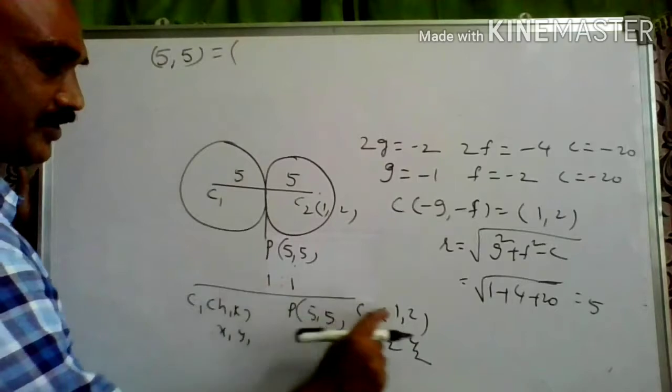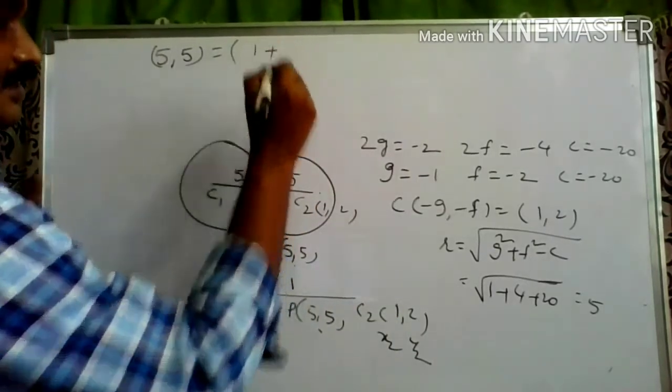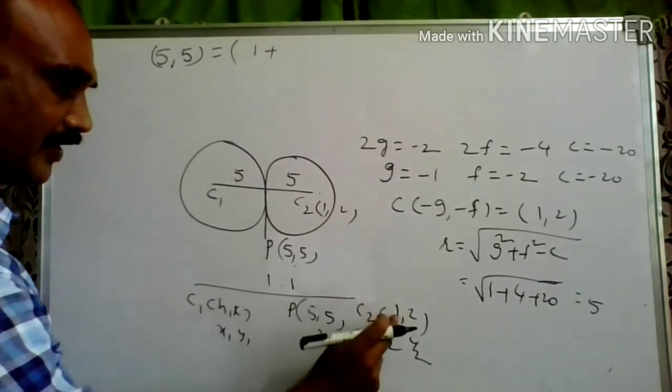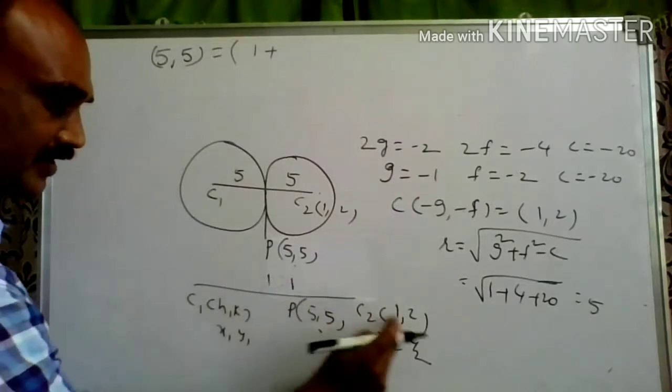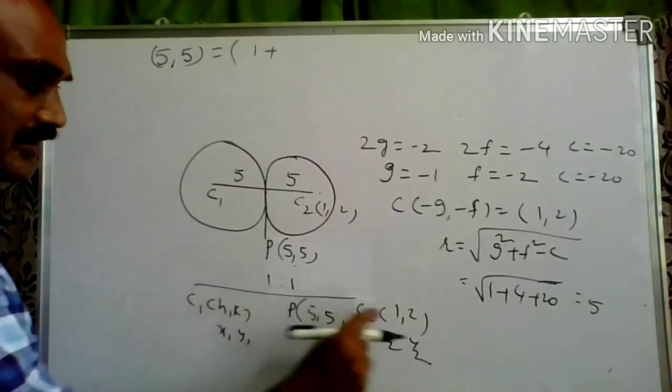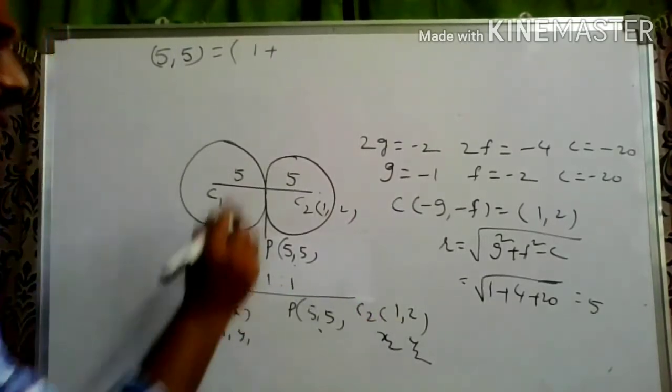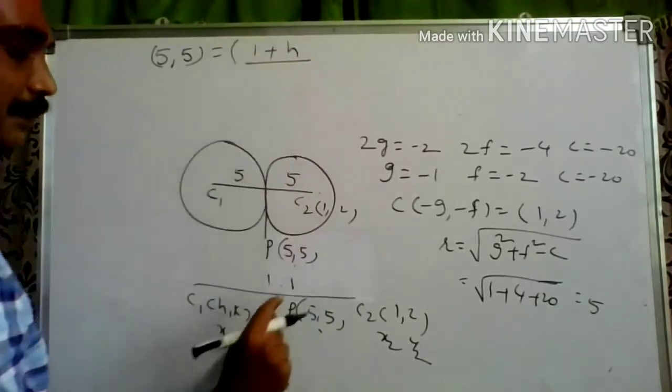Formula: M X2 plus N X1 by M plus N, comma. 5 comma 5 is equal to section formula: 1 into 1 plus 1 into H by M plus N.